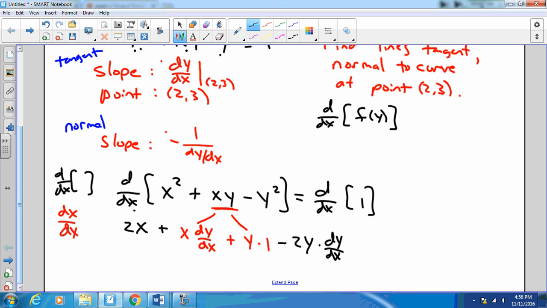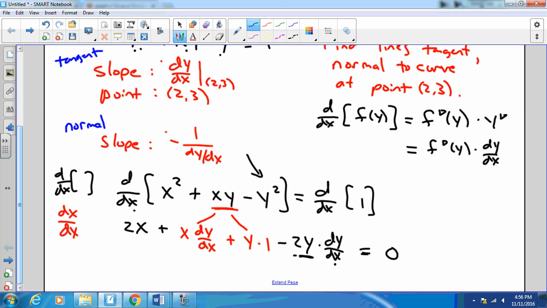So that if I have the derivative with respect to x of some function of y, according to the chain rule, it should be equal to f prime of y times y prime, or f prime of y times dy dx. And that's exactly what I did over here. I took the derivative of y squared with respect to x and evaluated that as the derivative of y squared with respect to y times dy dx. Well, so much for the left side. The right side's easy. The derivative of 1 is 0.